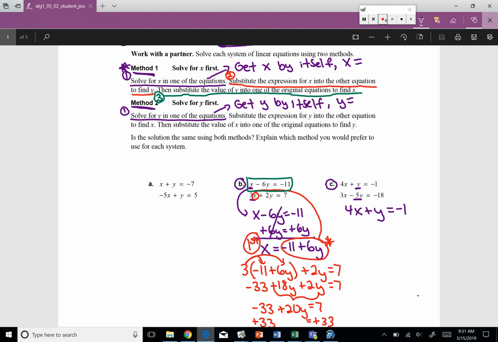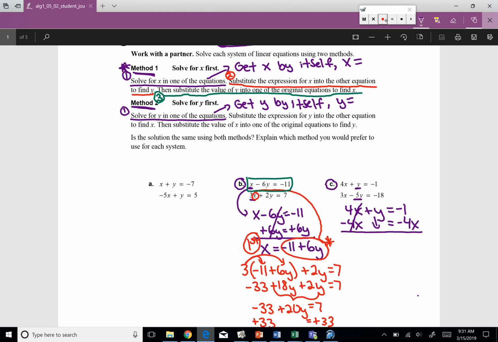In order to do that, I have to take the negative 4x, pick up the whole thing, the positive 4x, pick up the whole thing and move it to the other side. In order to move the entire positive 4x to the other side, I have to subtract it. I need to do the opposite. Negative 4x, positive 4x, they give me the 0 I need.